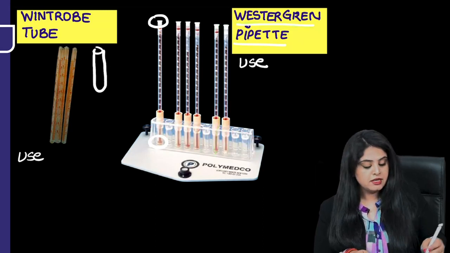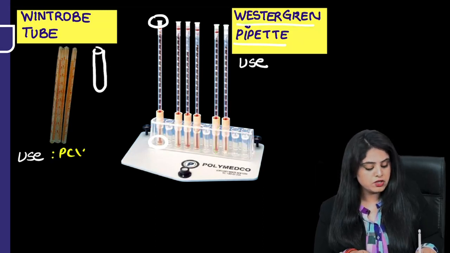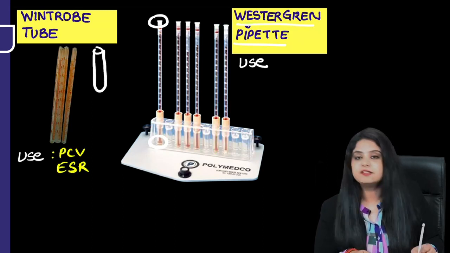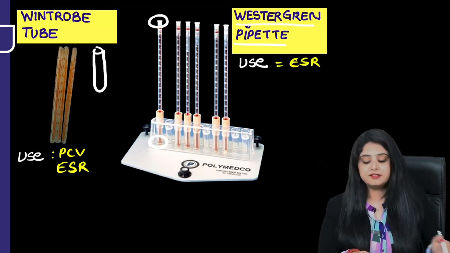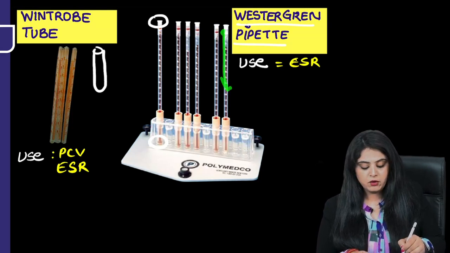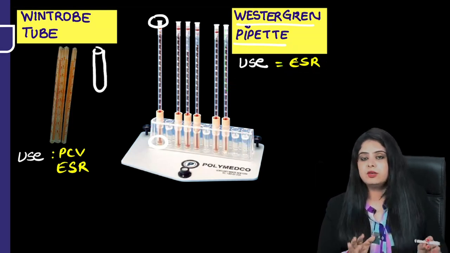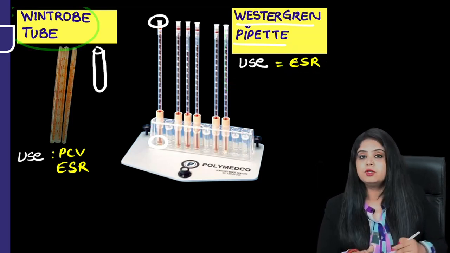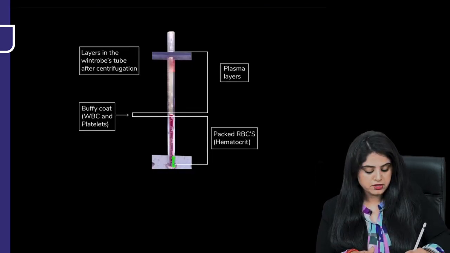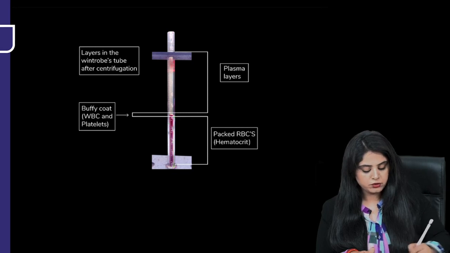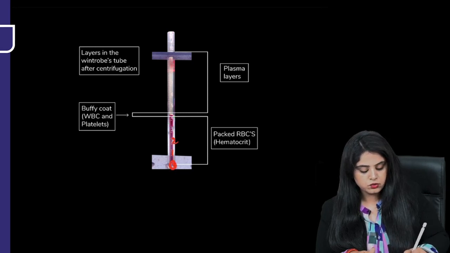What are their uses? Remember, Wintrobe can be used for measuring both PCV as well as ESR. Westergren is only used for the measurement of ESR. So, how much are the RBCs falling down? Erythrocyte sedimentation, only for that, whereas Wintrobe is a very useful tube. I'll show you another Wintrobe tube. If you count from the bottom, you can count the packed cell volume. So, if you see there's a bottom 0, 1, 2, 3, 4.